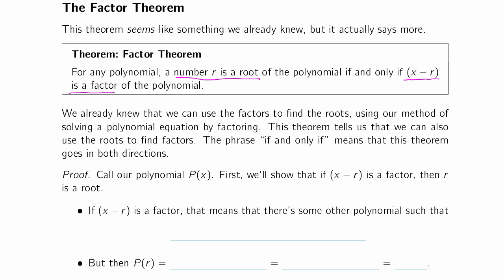We solved polynomial equations by factoring the polynomials. This theorem tells us we can go the other way around. And that's what this phrase, if and only if, means. This if and only if means if we have a root, we can get a factor. If we have a factor, we can get a root.